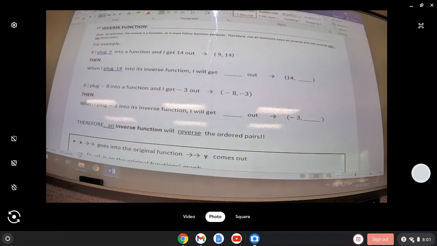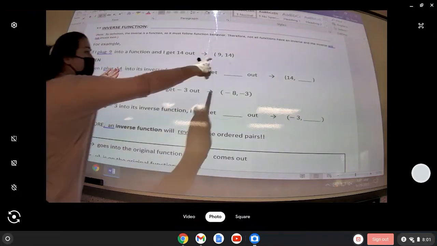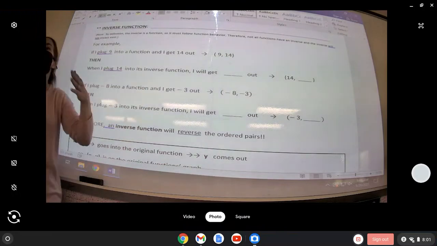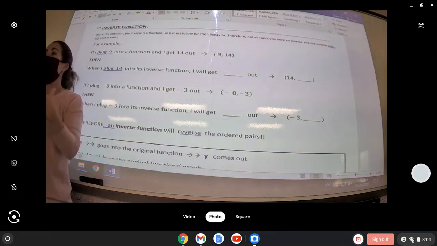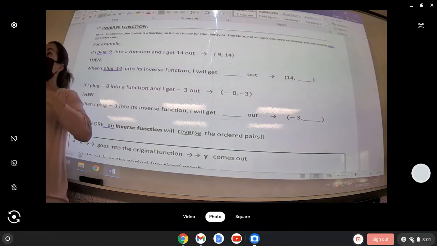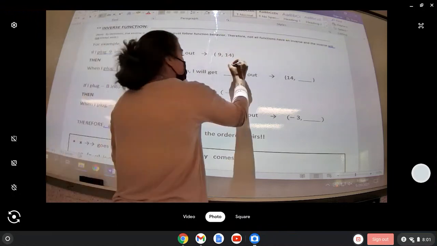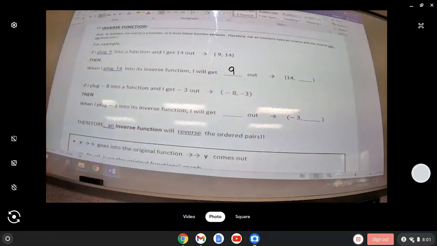Okay, so what's going to happen then with an inverse, when I plug 14, that output, into the inverse function, everything that happened to make that 14 come out is going to be undone, and you're going to get 9 out of the inverse. All right, so it's going to undo everything that happened to that output to make us go back to the original input.